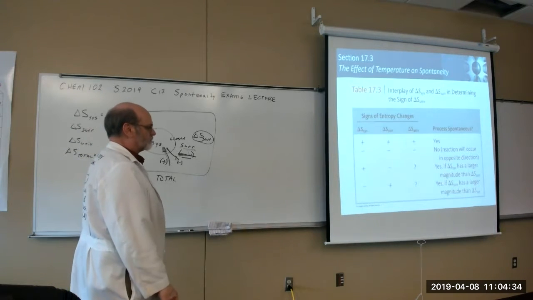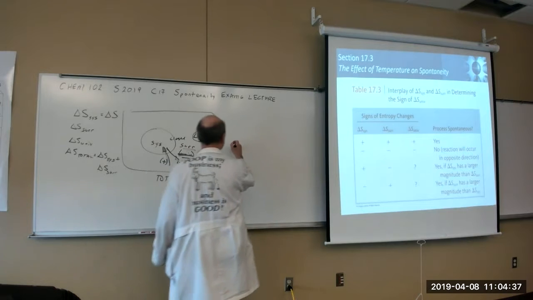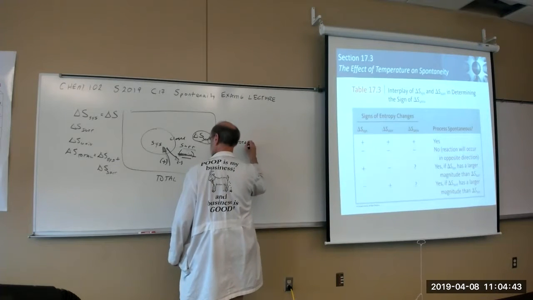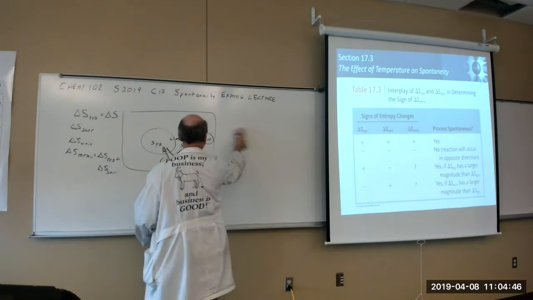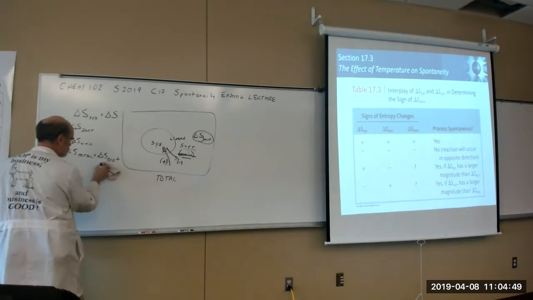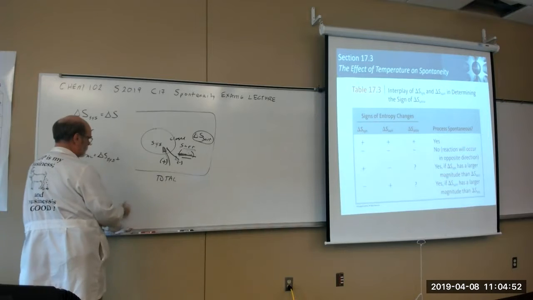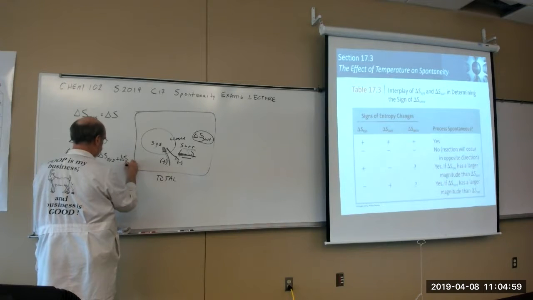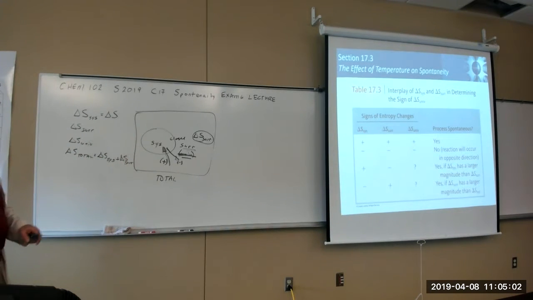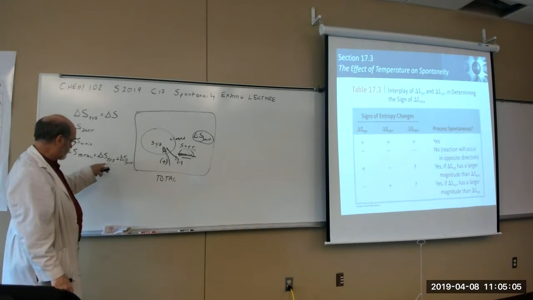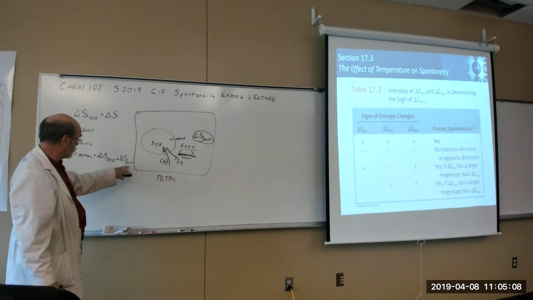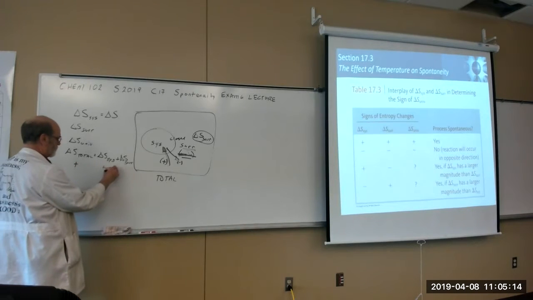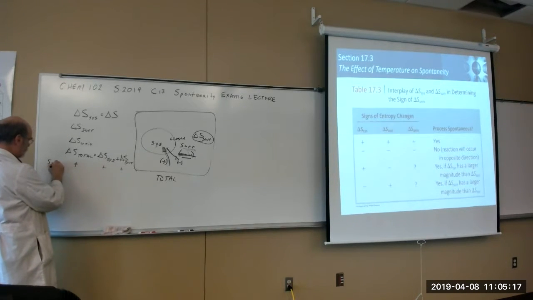So with these two, plus delta S surroundings, if both the change in the system entropy and the change in the surroundings entropy are positive, then the total is automatically positive, which means spontaneous.